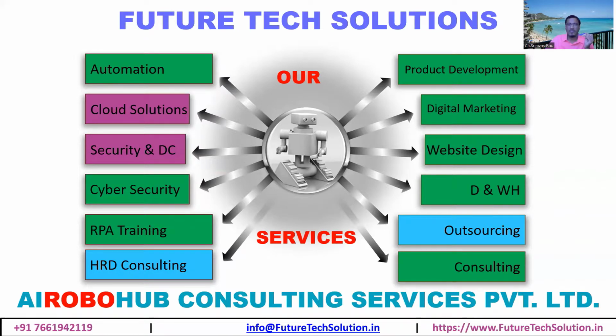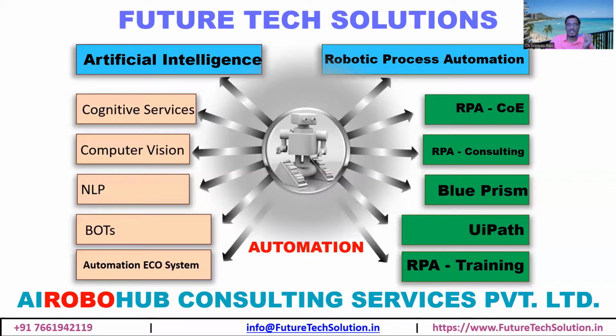And exclusive to automation with respect to artificial intelligence, we have been providing cognitive solutions, computer vision solutions, NLP solutions, end-to-end bot solutions, and end-to-end automation solutions. With respect to robotic process automation, we specialize in defining, designing, and establishing an RPA Center of Excellence.